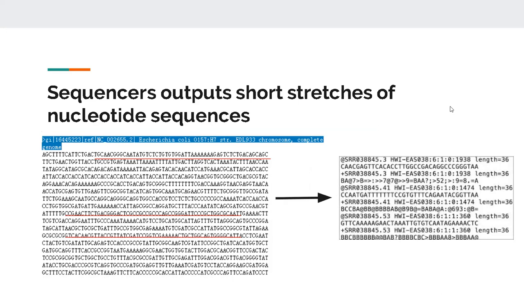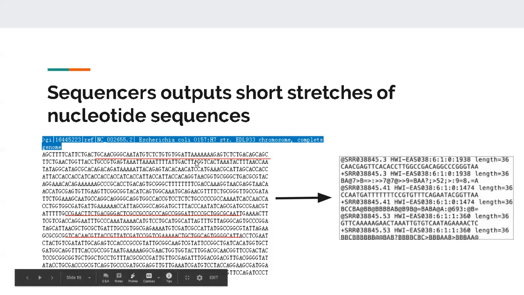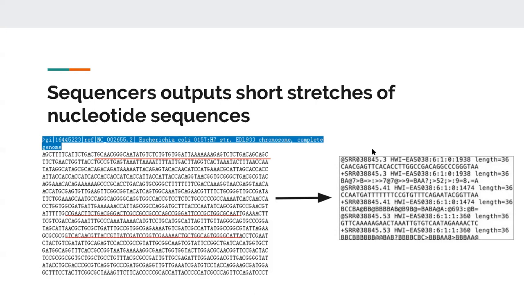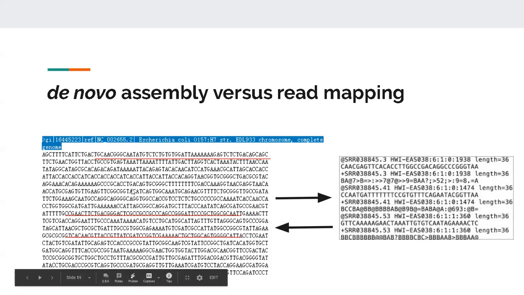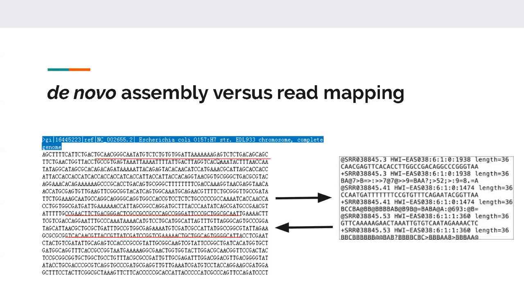If you remember, 2 months back, we had done a de novo genome assembly, where there was no reference to begin with. There were only these files and you had to blindly go back and try to see what that big sequence would be. That is what we call de novo genome assembly, where you are moving from the right to the left, where you do not have the left with you at all.